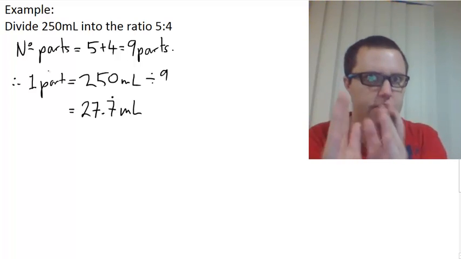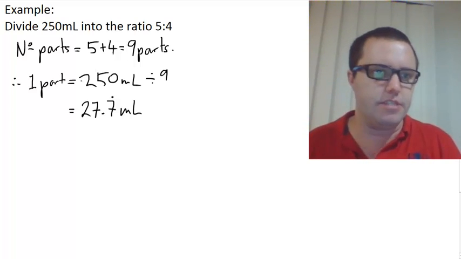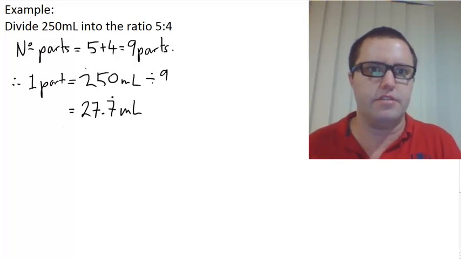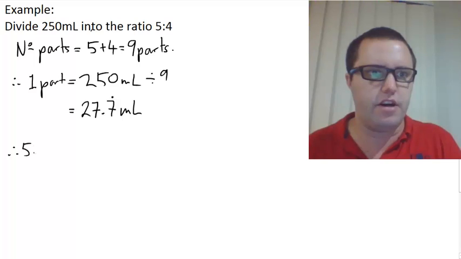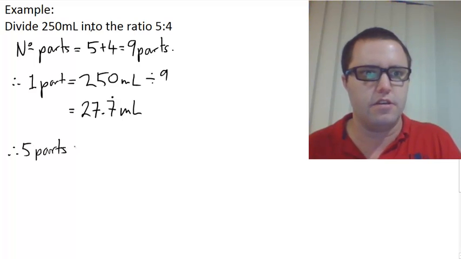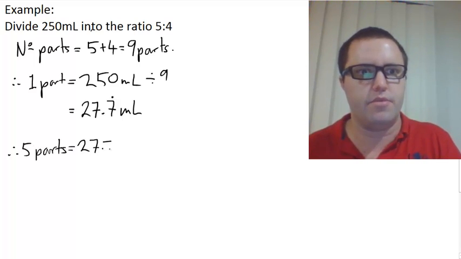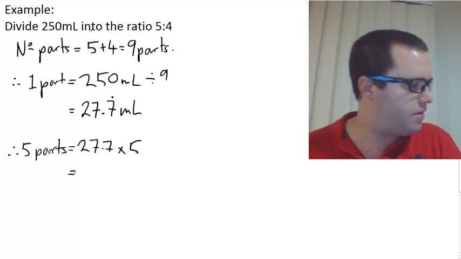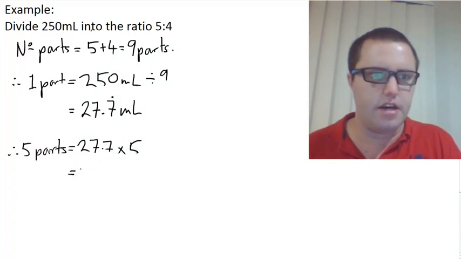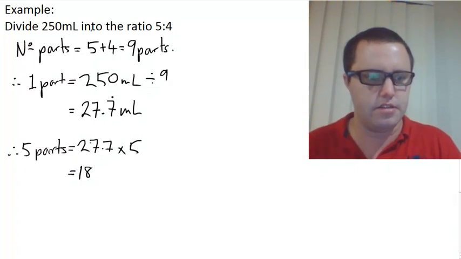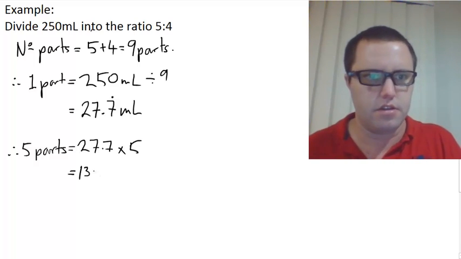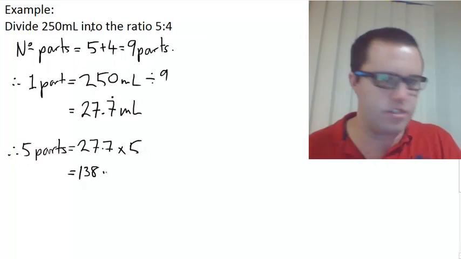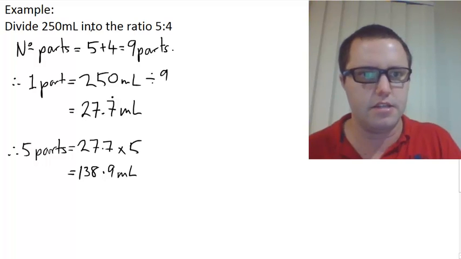Now that we've found one part, we have reduced from our whole of 250 milliliters into a single part, and then we need to expand. So we're expanding into our different ratios of 5 first. Therefore 5 parts equals 27.7 times 5, which gives us 138.9 milliliters.